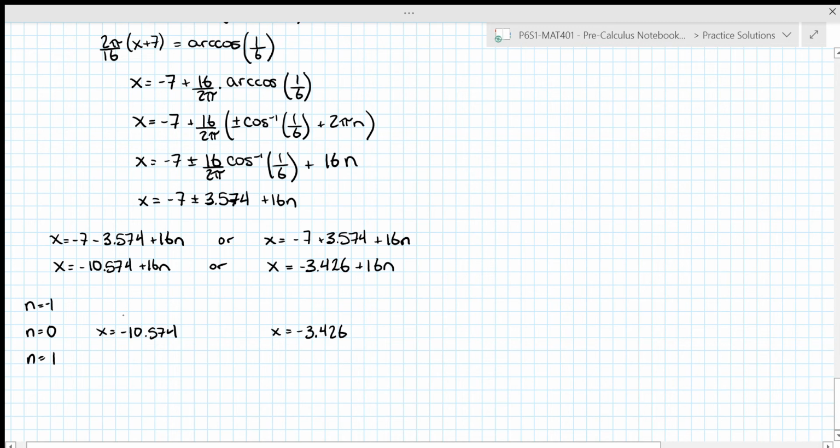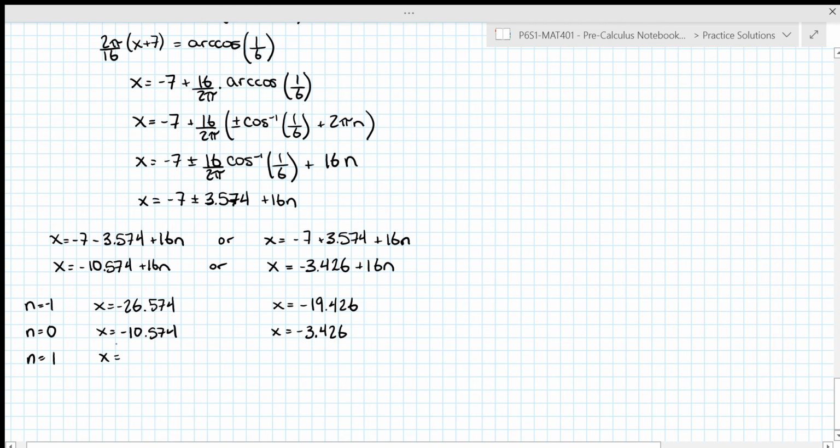I just have to subtract 16 from each of these. I get x is -26.574, or x is -19.426. I'm looking at the problem. Both of those are actually off of the solution, so I didn't need to do that one, but those are solutions too.